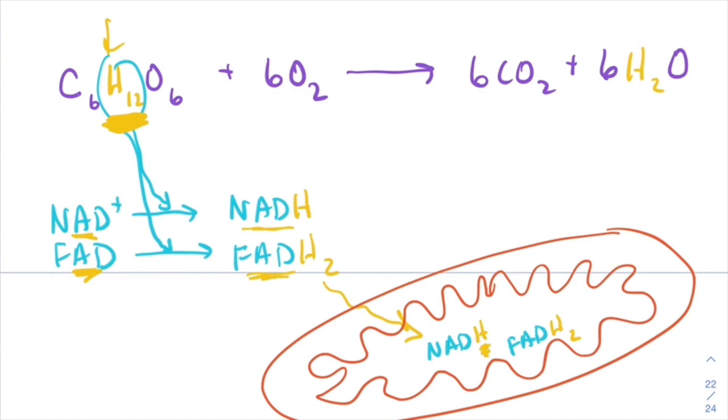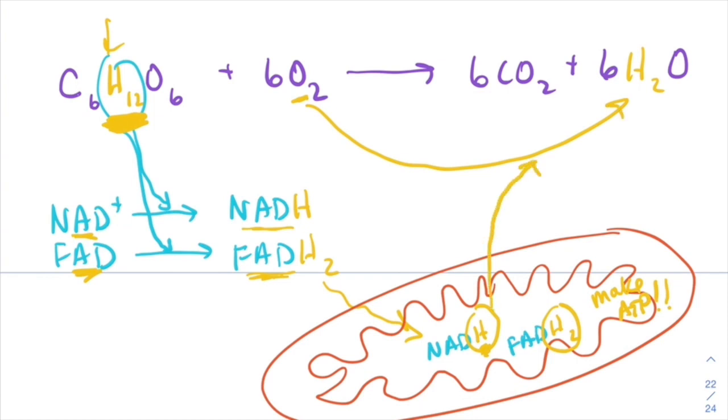They get inside the mitochondria, and these hydrogens make ATP there. And once they're done making ATP, then those hydrogens join with oxygen to become water.